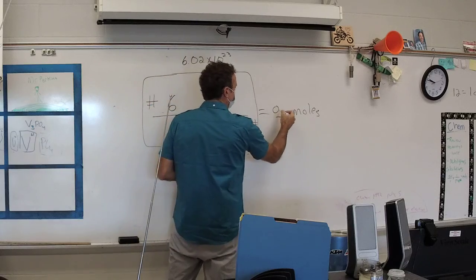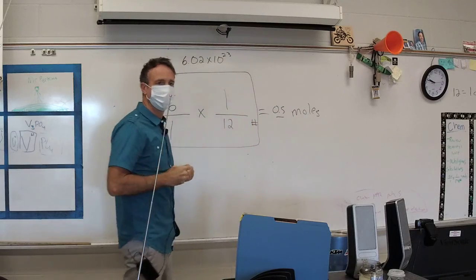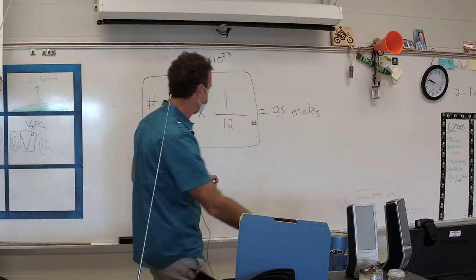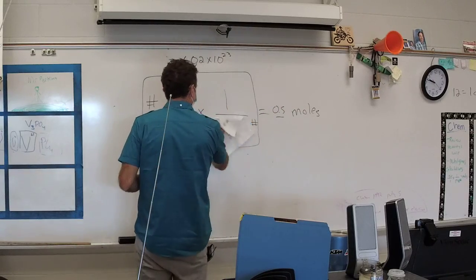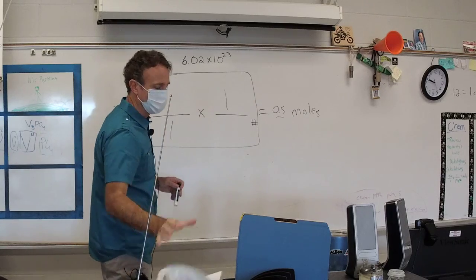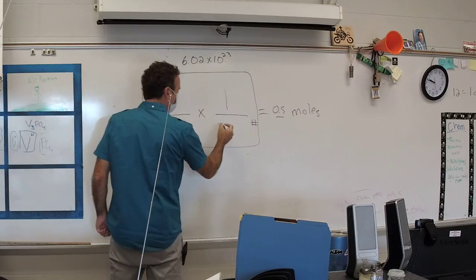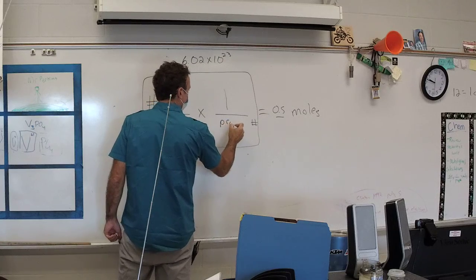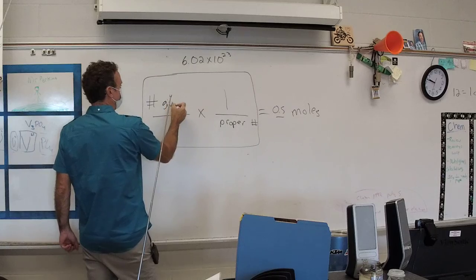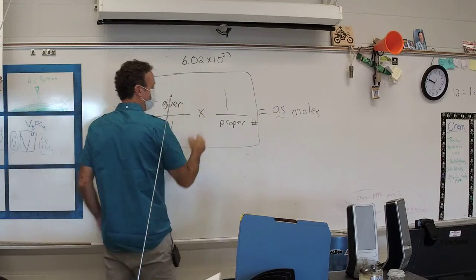So you would have not half a mole, but half a dozen donuts, right? So these problems are really just like that. We're not talking about how much things weigh. We're talking about how many particles you have. So the number given times 1 over the proper number.